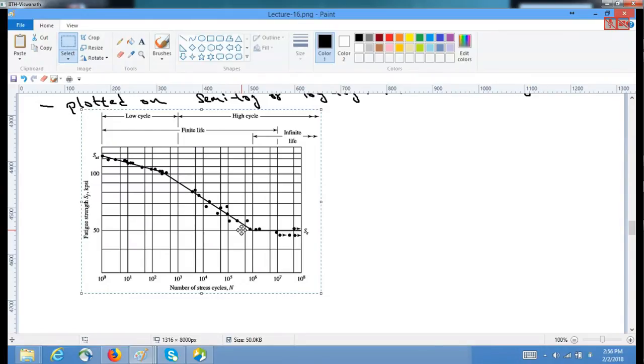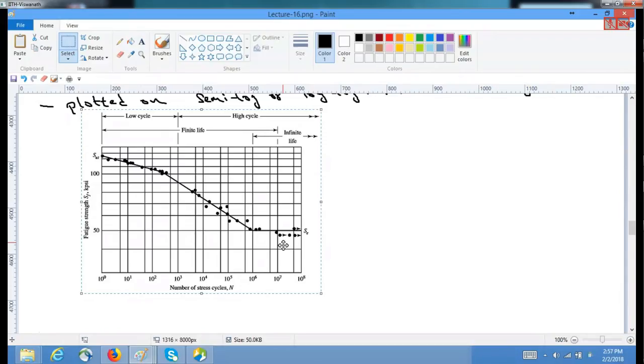For example, this is the case for a stainless steel subjected to pure bending. You can clearly see that if you are loading much below 50, at 40 or 20 or whatever, at all the values below this, its life is more than 10 power 6.